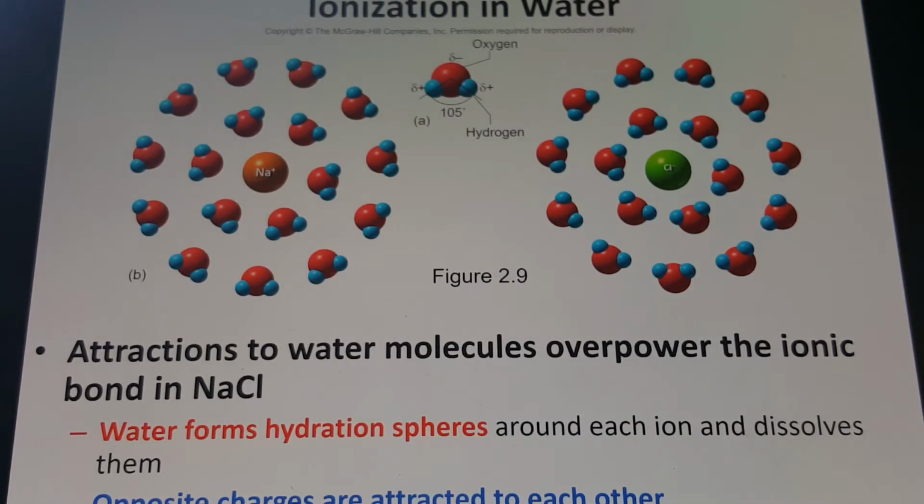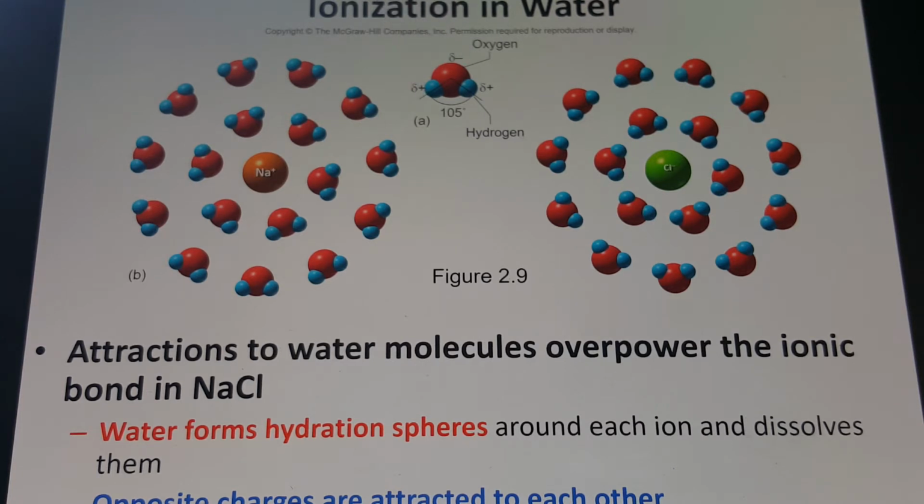Okay. So when it comes to our electrolytes being in water, let's go back to our sodium and chloride. Here's our sodium, here's our chloride. So for electrolytes, when they are broken up in water, it's due to the polar covalent bonds in water. So again, our oxygen end is going to be slightly negative.